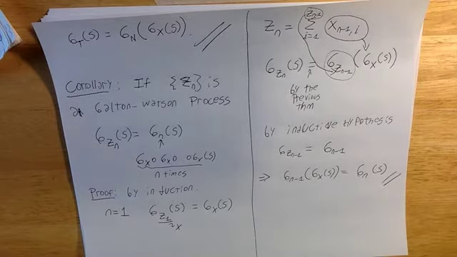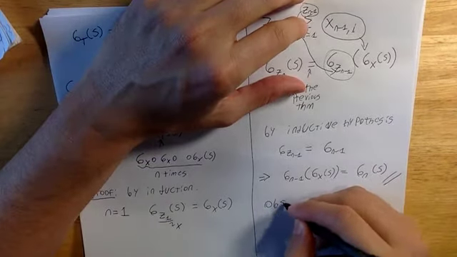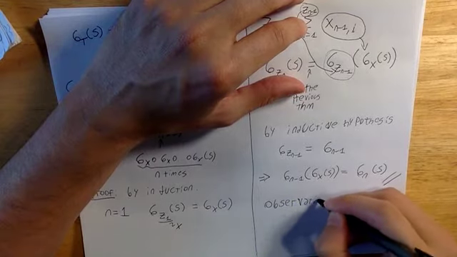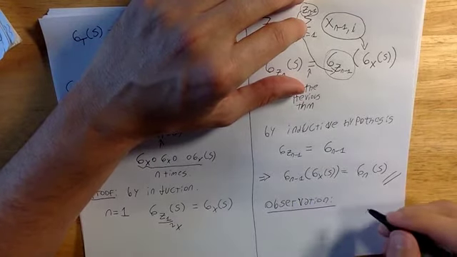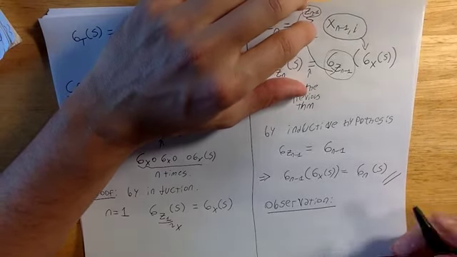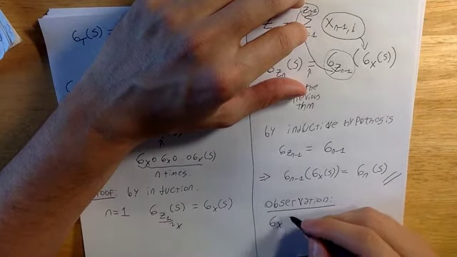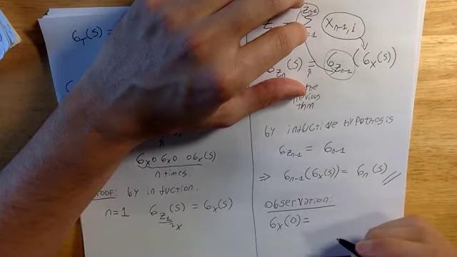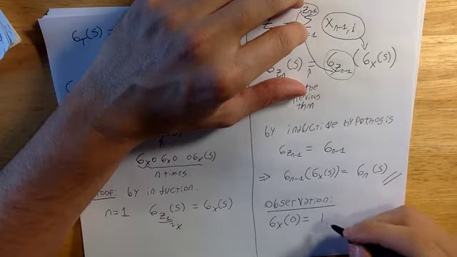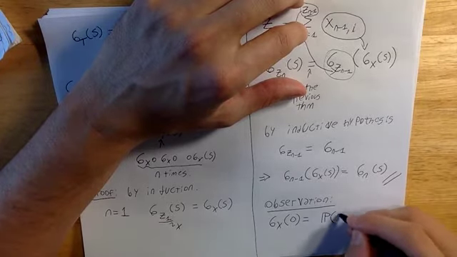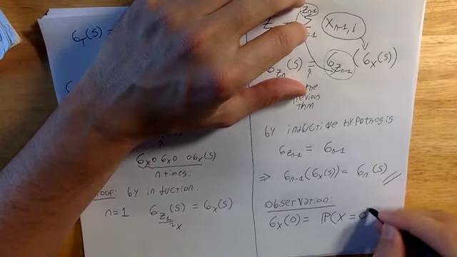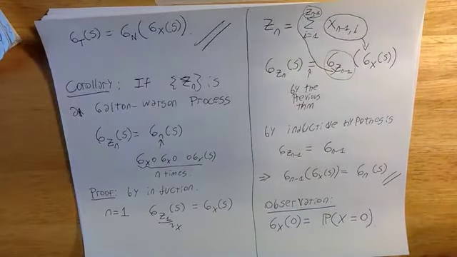Okay, so why do we care about this guy? So first of all, there's another observation that we should make. The observation is that G_X of 0 is actually equal to the probability that X is equal to 0.